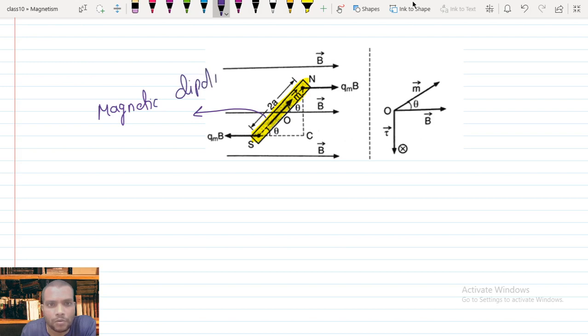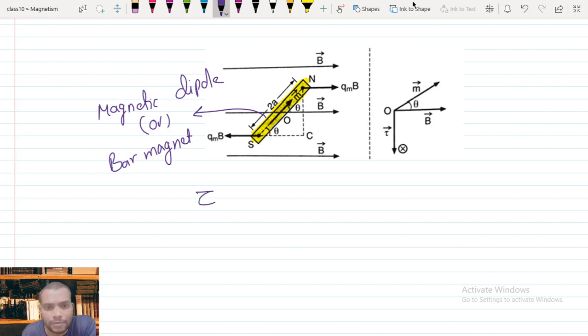If you keep a bar magnet in an external magnetic field, because of the two opposite forces which act on the poles of the magnet, that causes a torque.